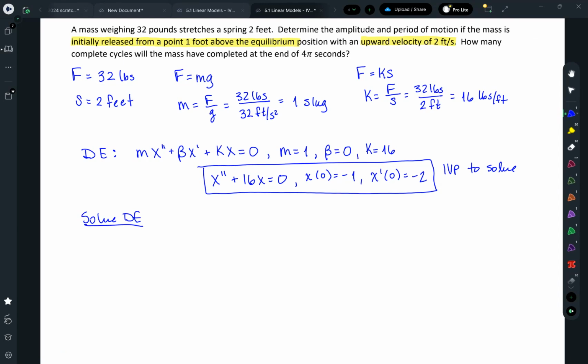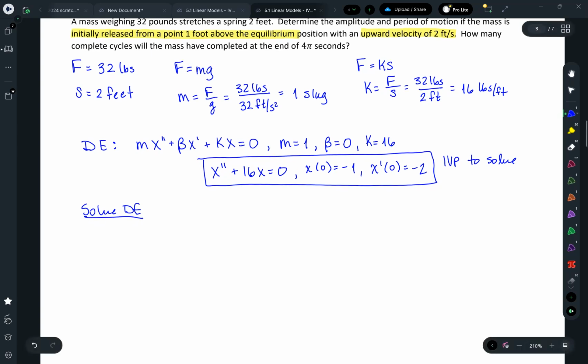All right, I'm going back to the methods used from 4.3 when we learned how to work with homogeneous equations. We let x equal e to the rt, where I'm using r because m has already been used, all right? And then x double prime will get an r squared in it.